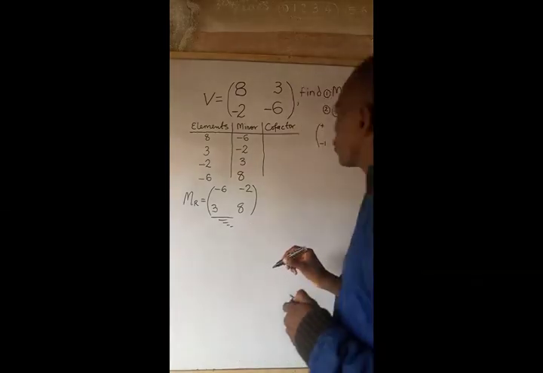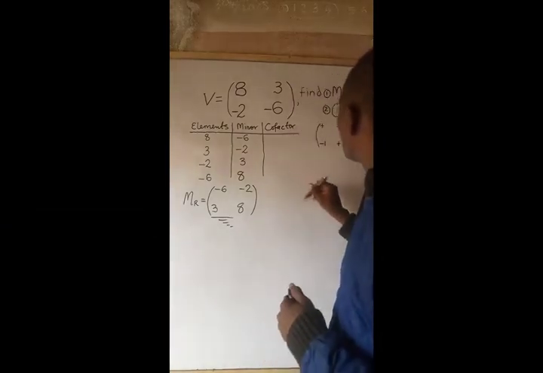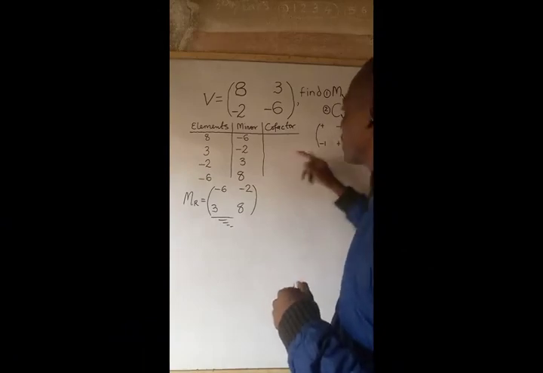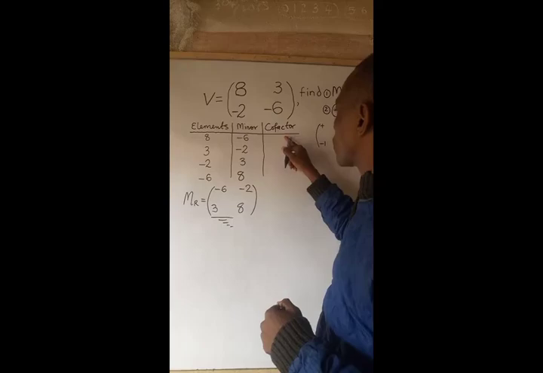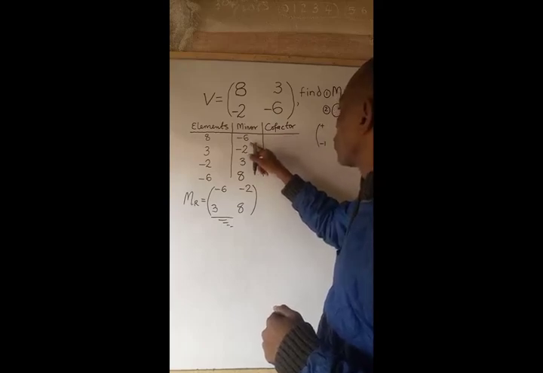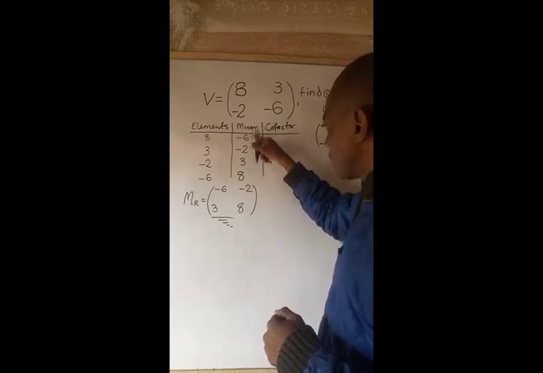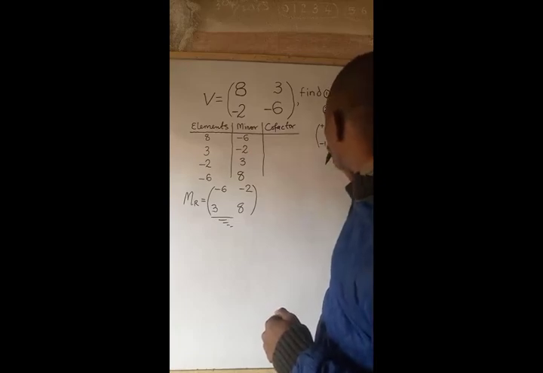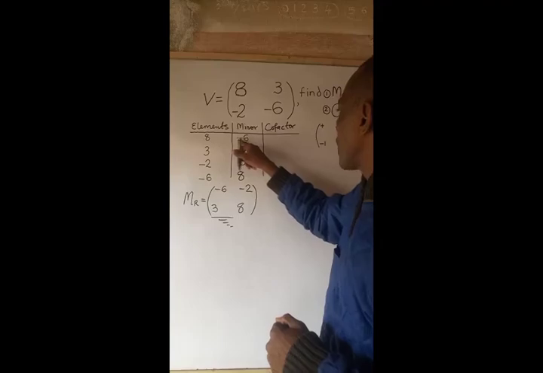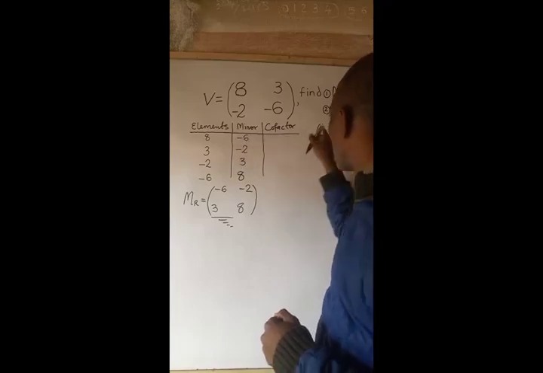We now move to the cofactor. Like I said, we obtain the cofactor from the minor. We obtain it by multiplying the minor by the code that we have here, which is -6 times +1.